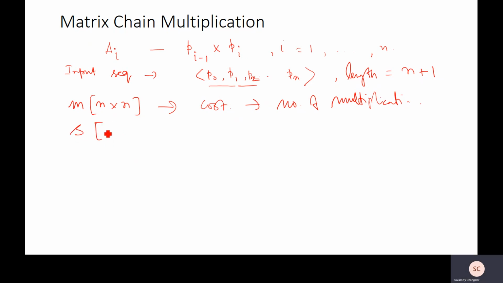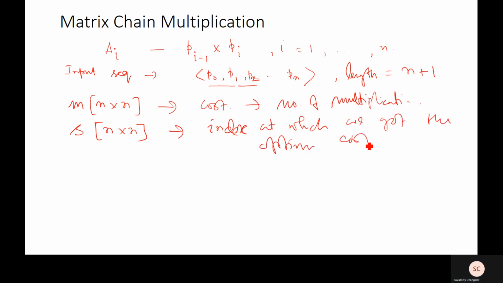And S is another table consisting of n cross n cells, and that will save the index at which we got the optimum or minimum cost. So we will use two auxiliary arrays, M and S. M will store the cost, that is the number of multiplications required, and S will store the indices at which we got the optimum cost.